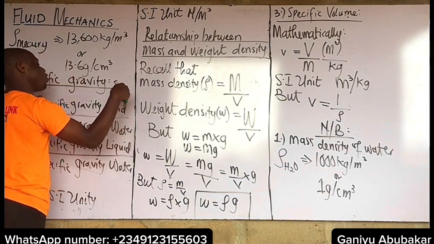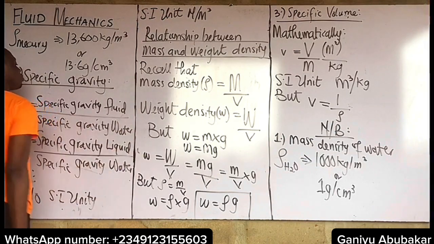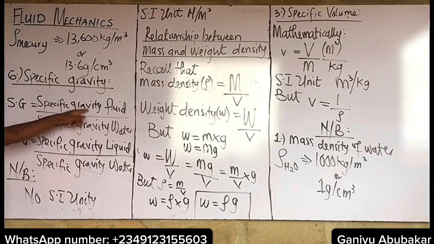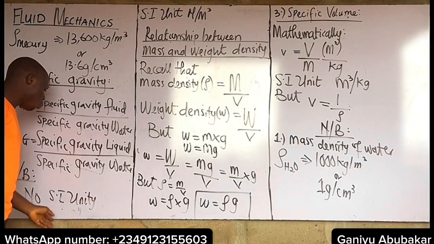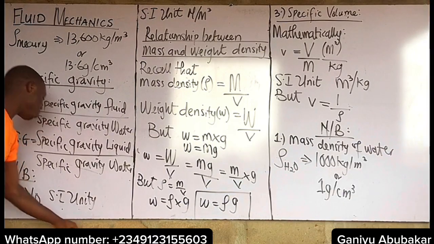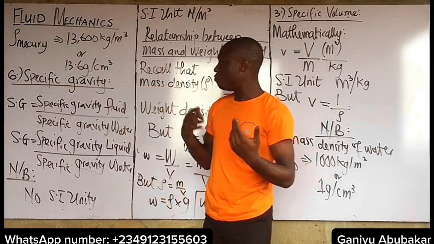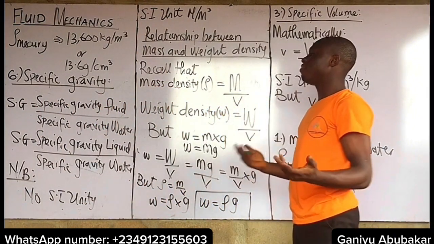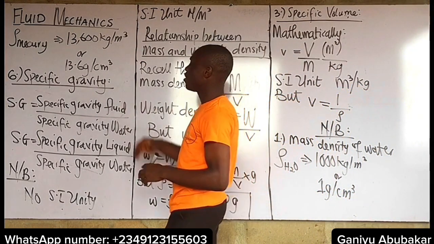So if I'm having meter per second square here and meter per second square here, they will cancel out. So there's no SI unit here. Since they are the same, they cancel out, so I'm having no SI unit for specific gravity. That's the definition for specific gravity.